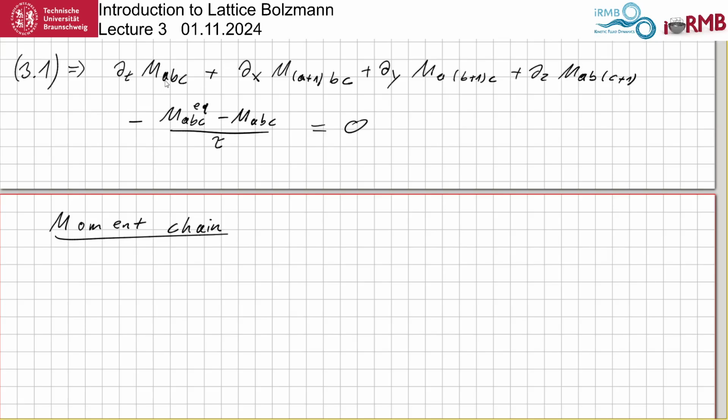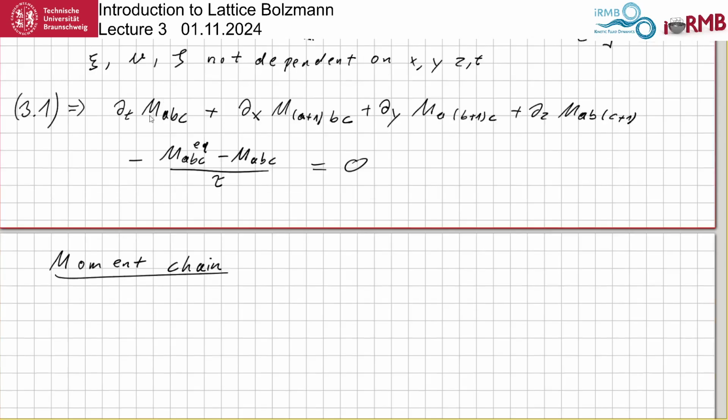If we want to write a time update equation for a moment m_abc, what we need is spatial derivatives of moments that are one order higher. So this is m_abc, and this depends on other moments.